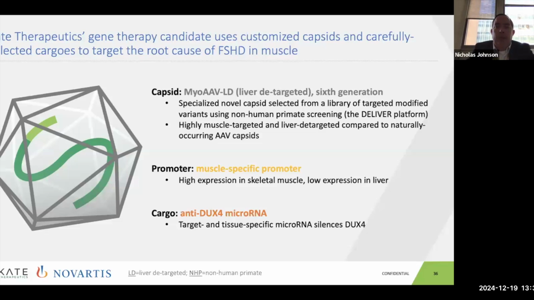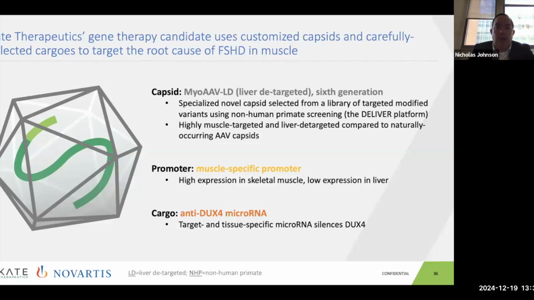And so the goal of that particular virus is that it has the ability to de-target the liver or some of the side effects that you typically see with the AAV viruses, and is better able to target the muscle. So the idea is that you could potentially use a lower dose and potentially have more efficacy than a naturally occurring AAV.